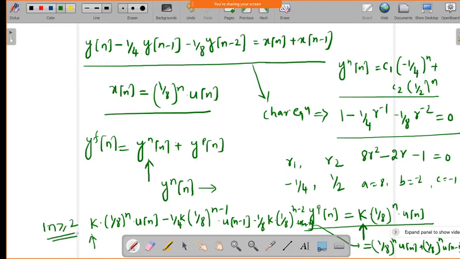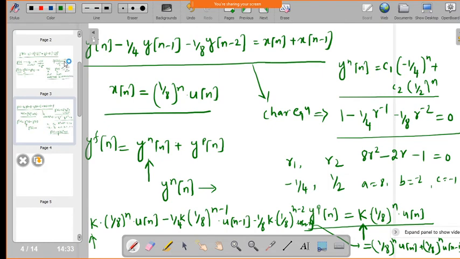Then only we are able to find out the value of k. So now consider n greater than or equal to 2, then find out the value of k.